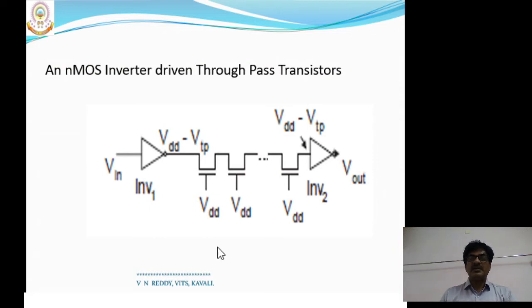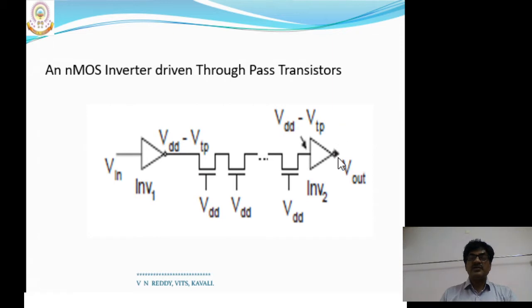Okay. So here what happens is, because of the pass transistor presence, though the output of the first inverter is VDD, the input at the second inverter is not equal to VDD. That is always less than VDD, equal to VDD minus VTP.